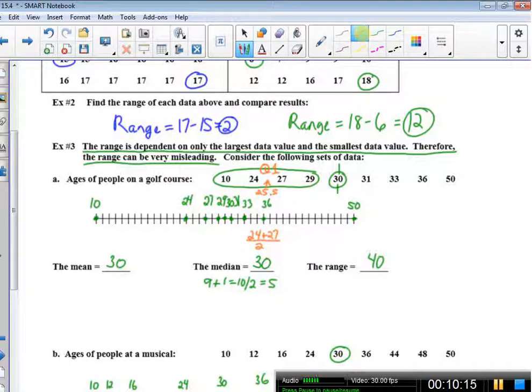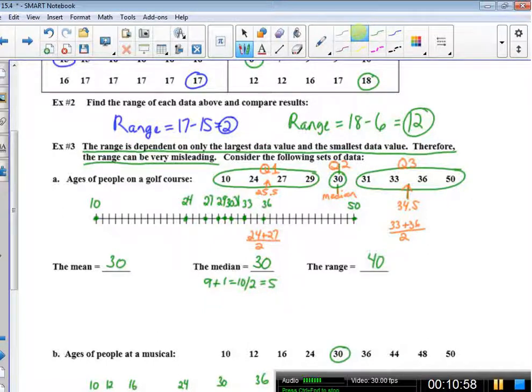All right, and then if we go to the right-hand side and find the median of those 4 data values, we would be doing 33 plus 36 divided by 2, and that is 34.5. That's quartile 3. So 30 is actually quartile 2, or the median. And then you have quartile 1, which is 25.5, and quartile 3, which is 34.5.